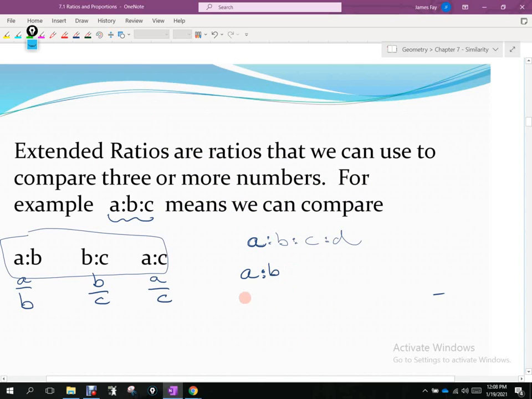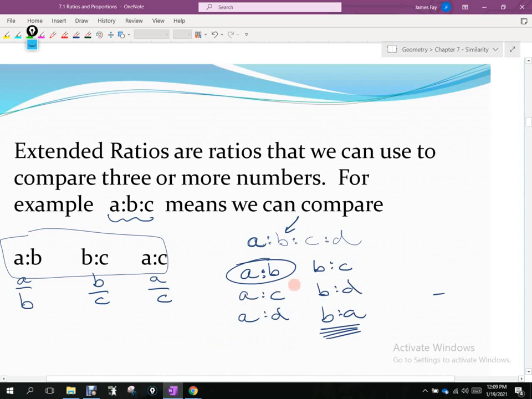So A compared to B, and then A compared to C, and then A compared to D. Then you're going to take the next one, which is B, and compare that to C, and then to D. A lot of times you can go back and compare it to A. You can say B compared to A. But here I had A compared to B, right?